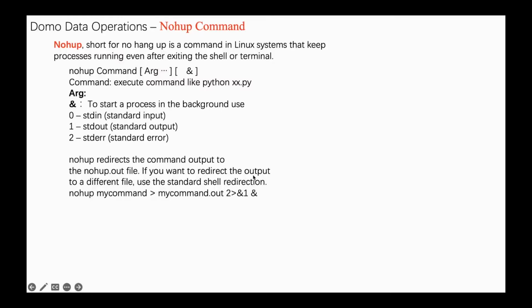If you want to redirect the output to a different file, use the standard redirection. For example, nohup my command > my command.out, and with such a command you can set your Python code to run in the backend.